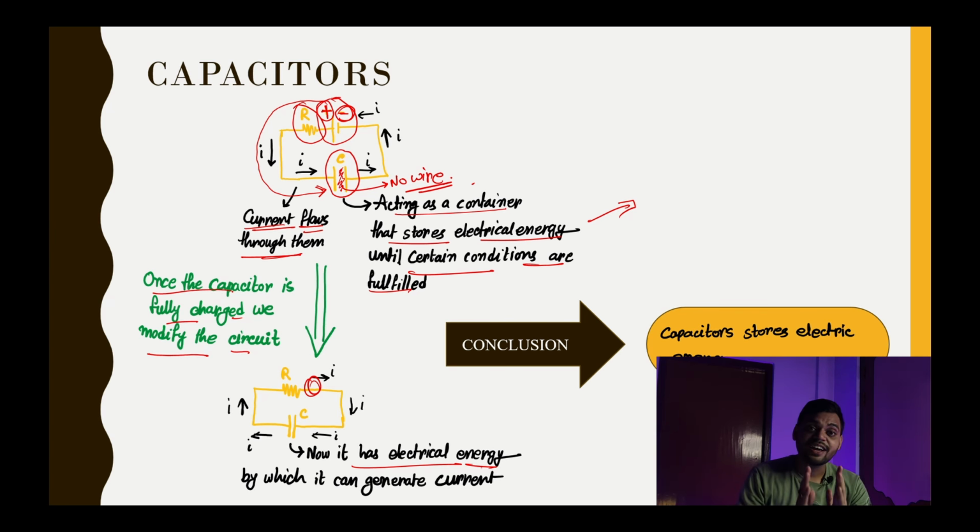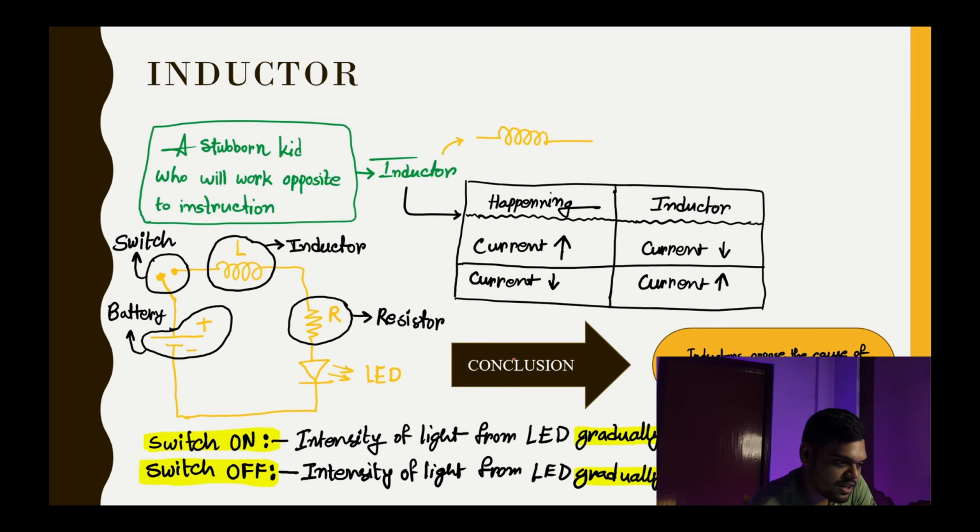Then it will work as a battery and it will generate electricity, and yeah, the rest you get, obviously. Okay, so what's the conclusion? The conclusion here: the capacitor stores electrical energy. Obviously, it stores. So let's move to the next part.